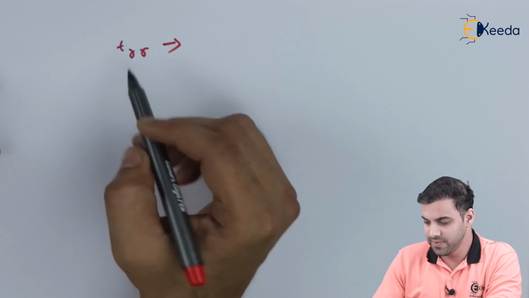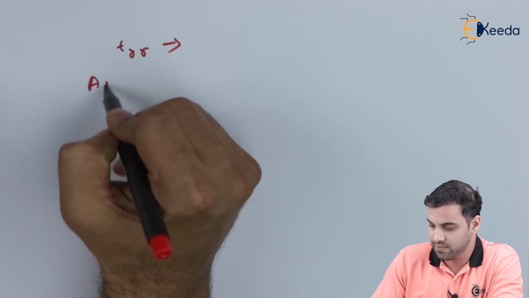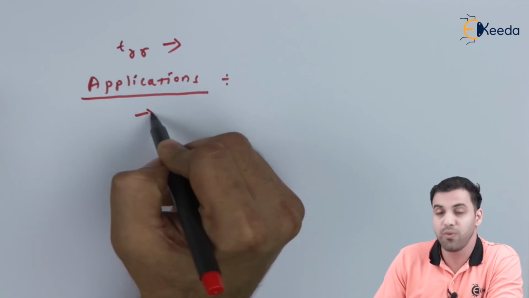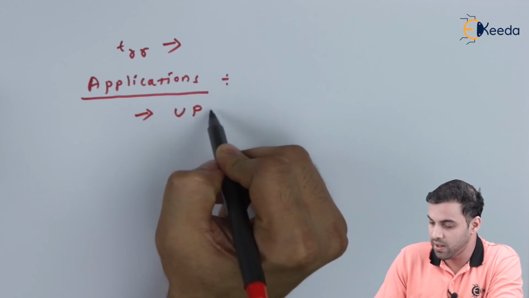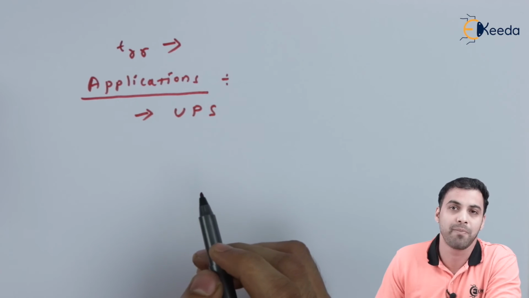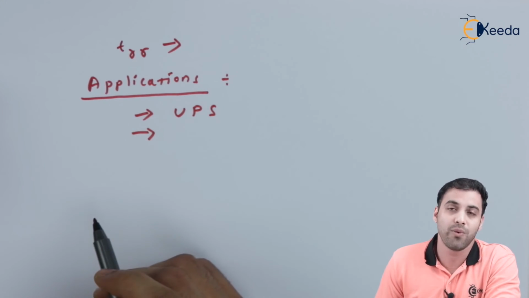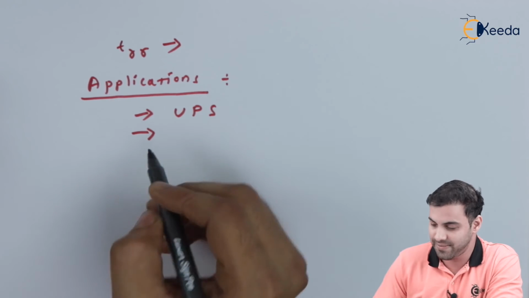Now friends, let's talk about some applications of a general purpose diode. Number one application of a general purpose diode would be UPS, which is uninterrupted power supply. General purpose diodes are widely used in UPS. Number two would be battery chargers.